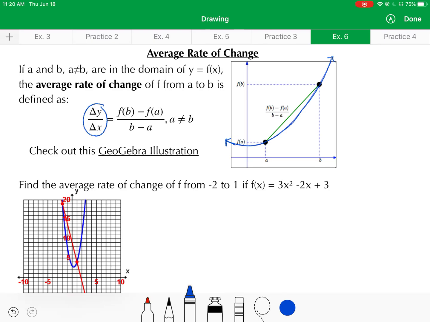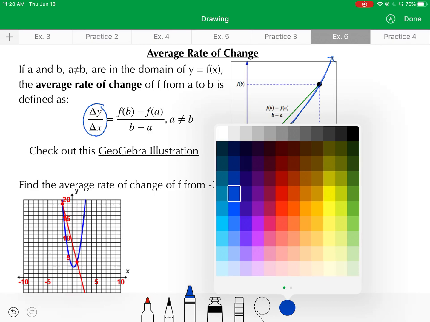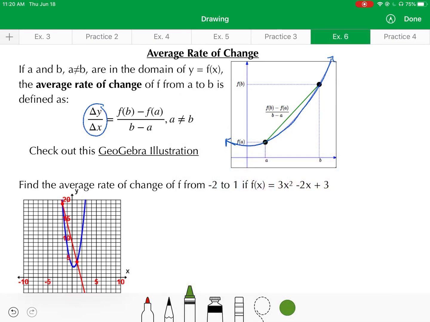Okay, let me simplify that for you, and hopefully this will really make sense for you. Instead of using a and b here for a moment, let's treat the points like this. Let's do it as x sub 1, y sub 1, and then this point as x sub 2, y sub 2.